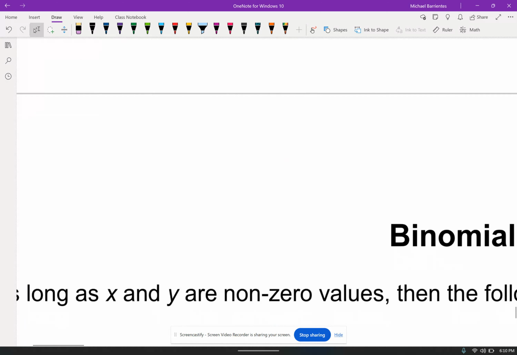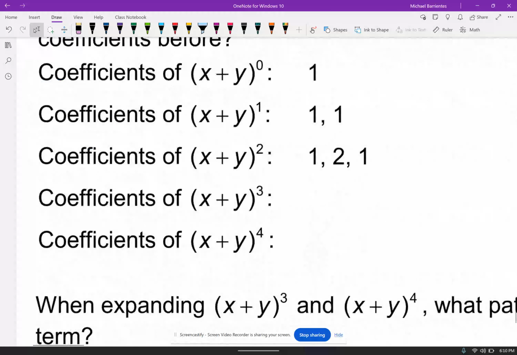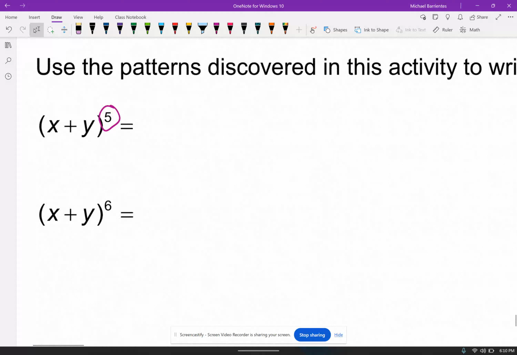And so if I go back to my sheet here, this is the 5th power. So I'm going to write those numbers that were in the 5th row of Pascal's triangle, but I'm going to leave space. So I'm going to write 1 and I'm going to leave space. 5.